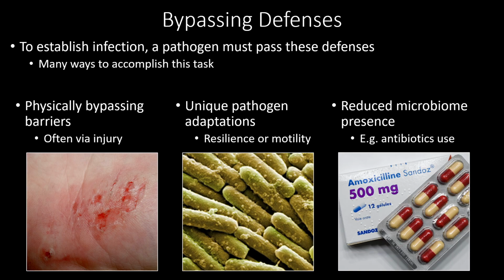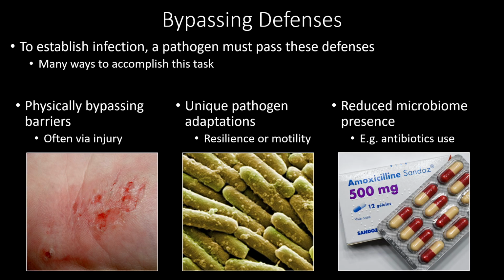If you are walking around in a construction site and you step on a nail, you've stabbed your foot with a nail, and bacteria that were on the nail have now been pushed through the epidermis and into the dermis and maybe even further, causing more significant damage and getting past this major barrier.